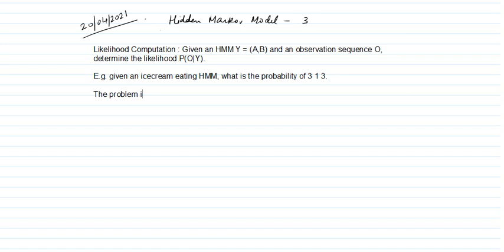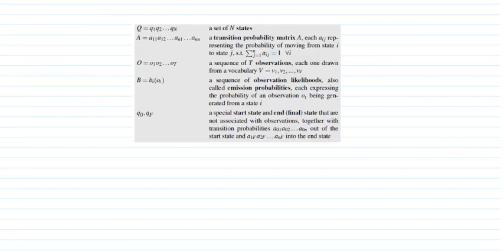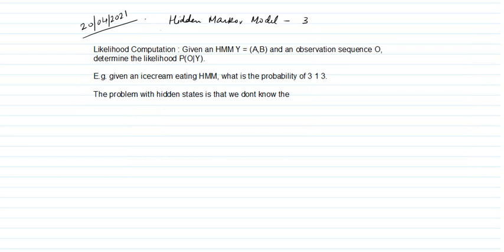The problem with hidden states is that we don't know the underlying sequence of states.